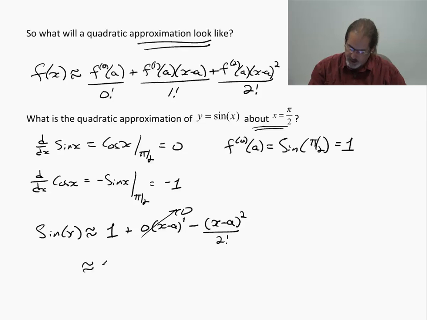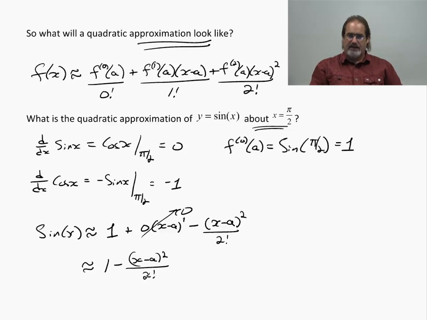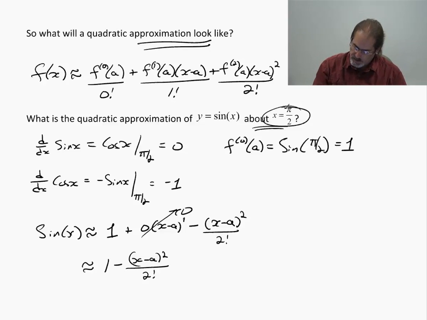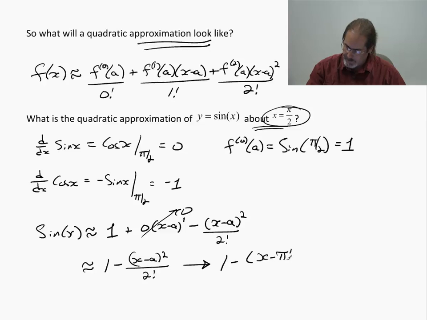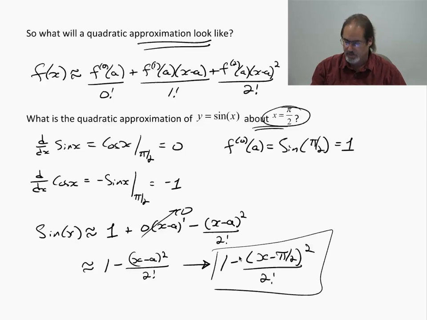So sine of x is approximately 1 minus (x minus a) squared over 2 factorial. Well, almost, I'm sorry, I messed this up a little bit. a is pi over 2, so this is (x minus pi over 2) squared over 2 factorial. There is my quadratic approximation for sine of x.